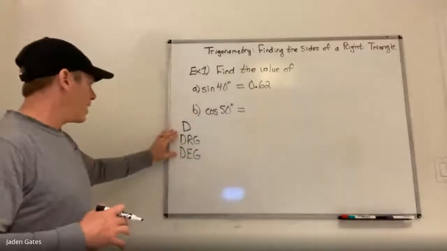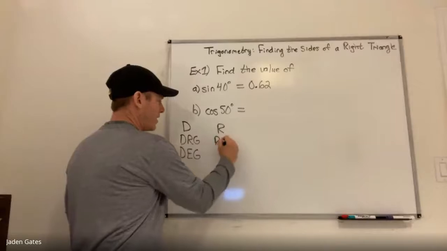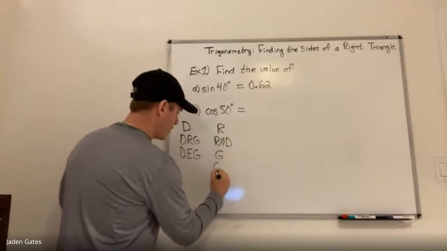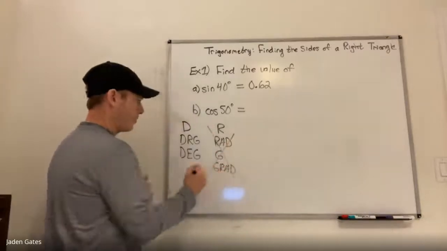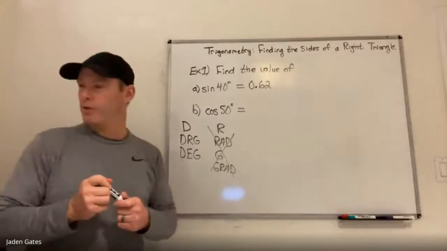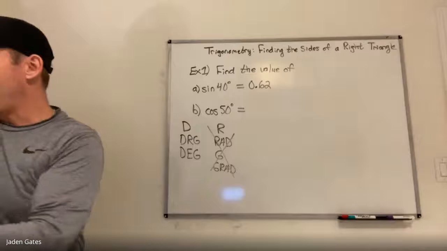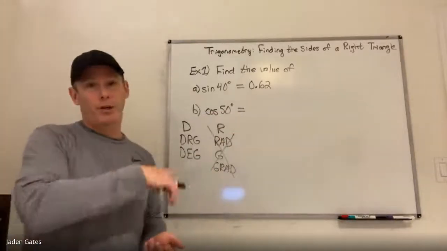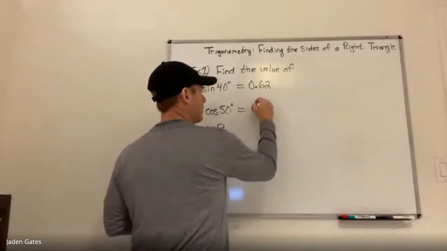The modes you don't want to see are like R, RAD, G, GRD. Those will not work for you. So it's got to be degree mode. Now if I press cosine 50 degrees, I get 0.64.